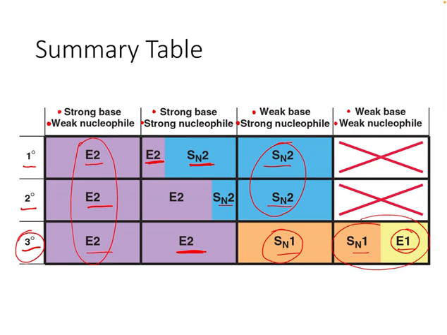Strong bases that are strong nucleophiles, you'll get a mixture typically, unless you have a tertiary carbon. Weak bases that are strong nucleophiles will favor substitution reactions, and then weak bases that are weak nucleophiles will favor SN1 and E1. So you could also correlate the categories we just went over with this summary table too.